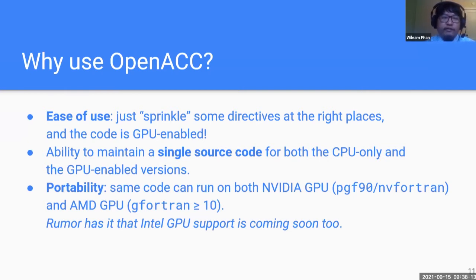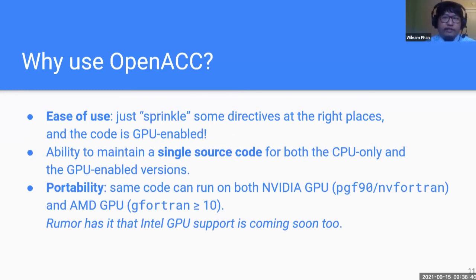The third is OpenACC is portable, unlike CUDA or HIP or SYCL. The same code, we tested this on NERSC with the development resource Cori GPU, the GPU partition of the Cori supercomputer, which is a dedicated development resource for people wanting a stepping stone to the new Perlmutter supercomputer at NERSC.